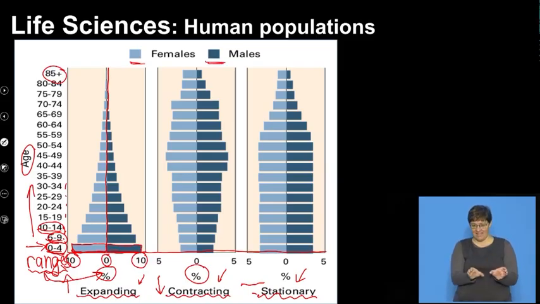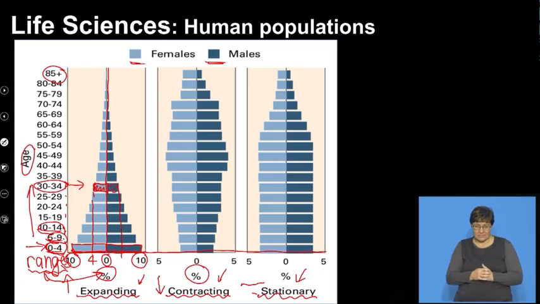So at any age range, let's take the 30 to 34 age range, we can read across, and we can see that about 4% are made up of the females, and slightly less, maybe 3%, are made up of males.